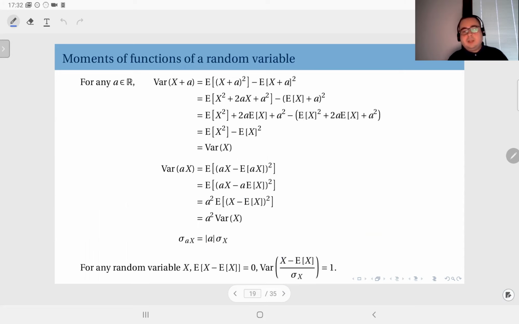So next, we will look at the variance of these two expressions, x plus a and a times x. Well, we have an idea about what these should be, because when you shift the distribution, you just shift it by some amount. You do not touch the distribution itself.